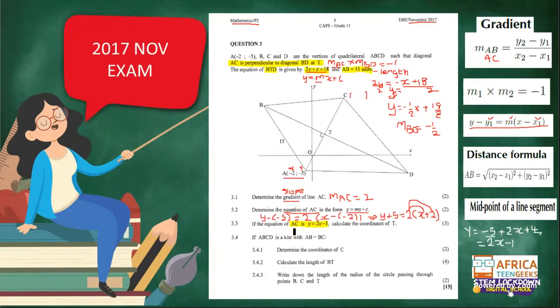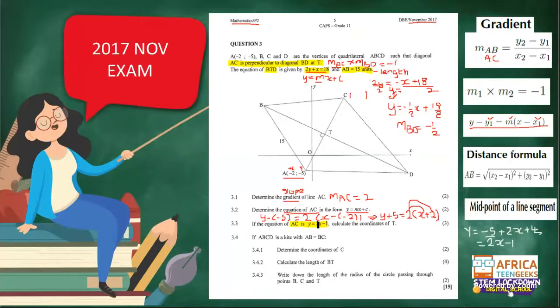So it means even if you couldn't do 3.1 and 3.2, maybe you forgot how to calculate the gradient and the equation, then you would still be able to get the 3 marks for 3.3. Okay, so if you forget something, don't just give up. Just look into the questions and see if you can deduce something and then continue. Because with some questions, they'll give you an answer and then you just continue from there.